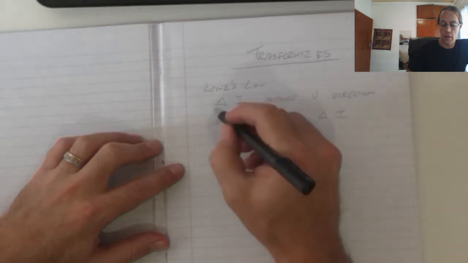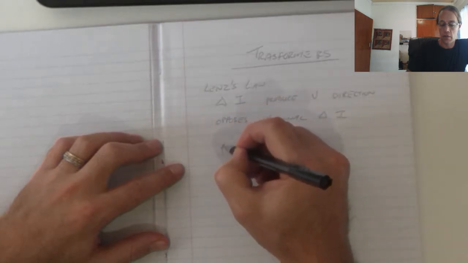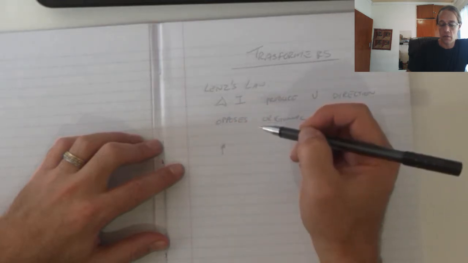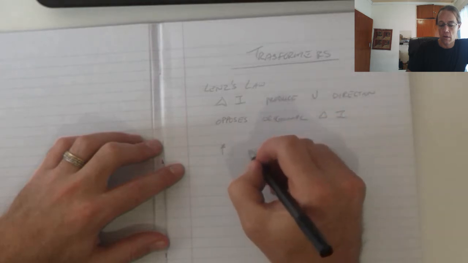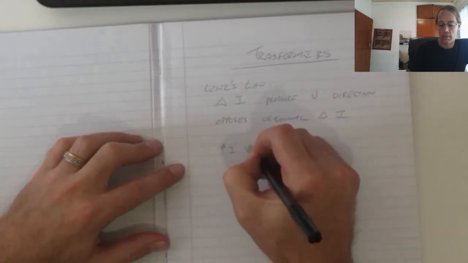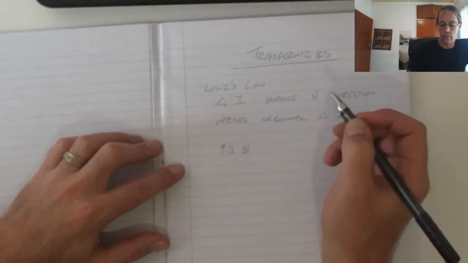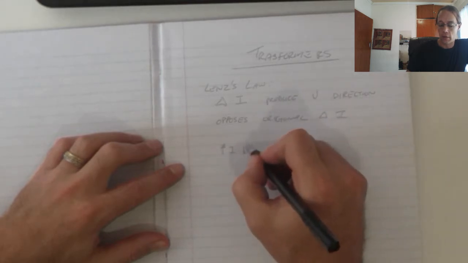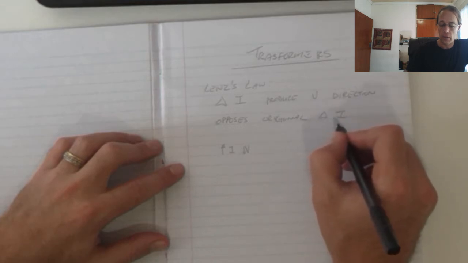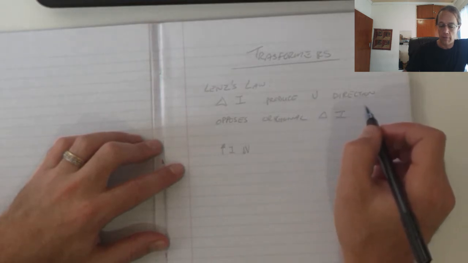What that basically means is that if I have an increase in current, it'll create a decrease in voltage, because the decrease in voltage will oppose the original increase in current.